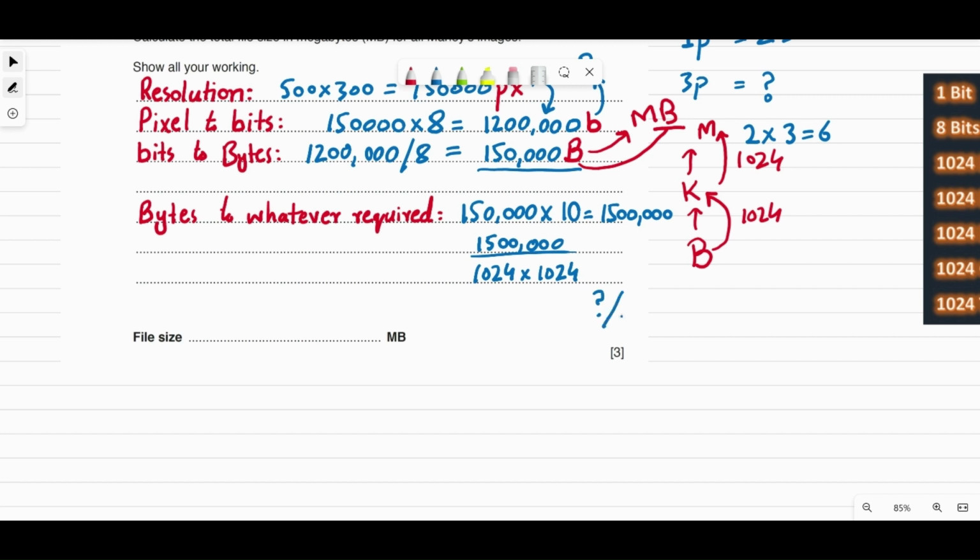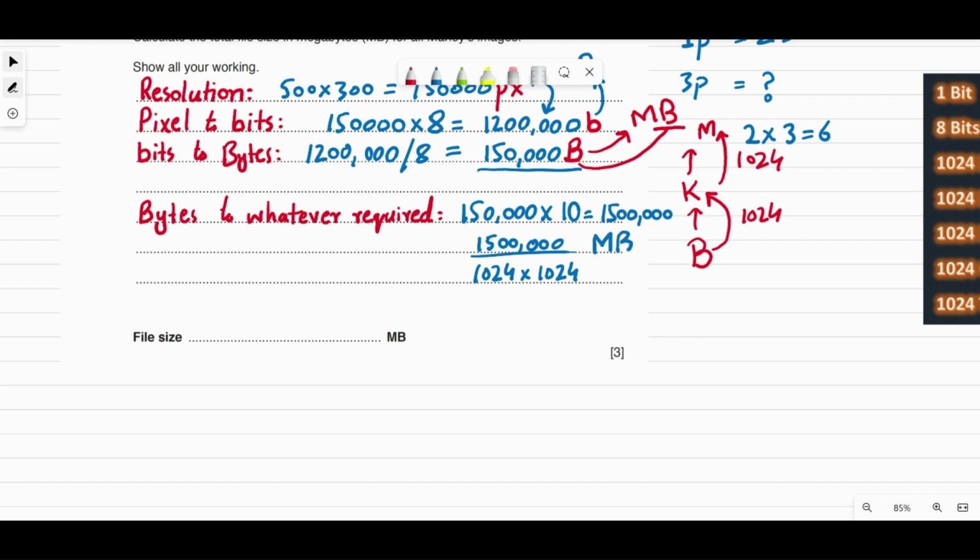Something divided by 1024 divided by 1024 can be written as something divided by 1024 into 1024. Same effect. So this must be your answer in megabytes.